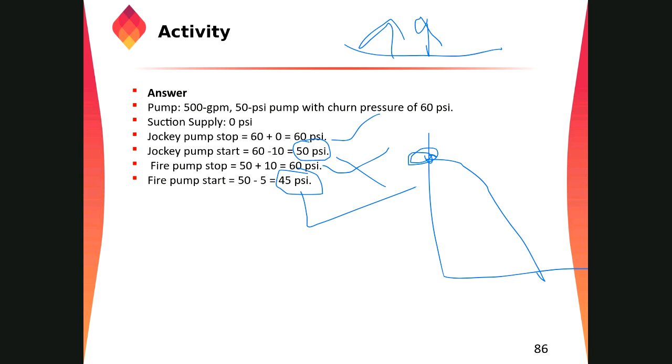A 10 psi pressure loss can be tolerated. If the pressure goes below that, it means that is a real fire. It is not my ability to lift the water. You got the idea? Anything beyond 10 psi losses, the main fire pump should start.